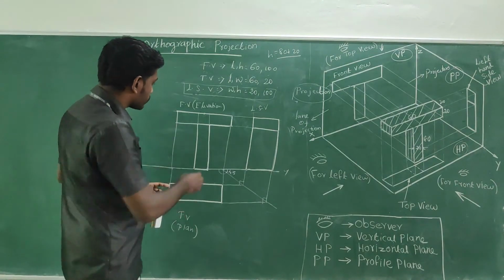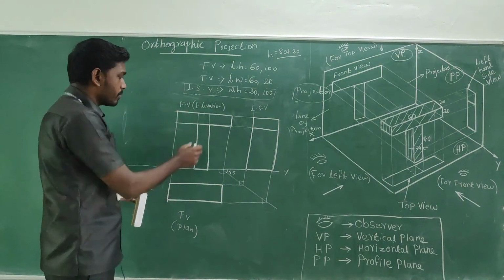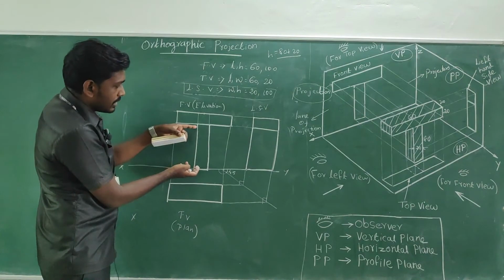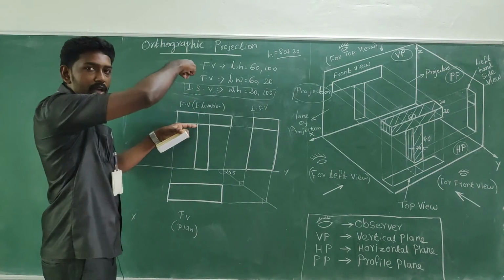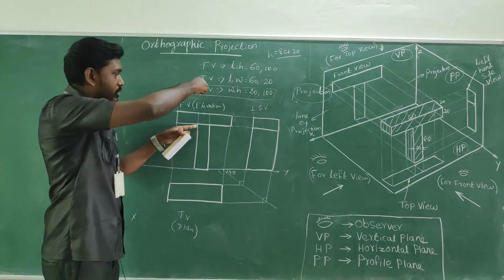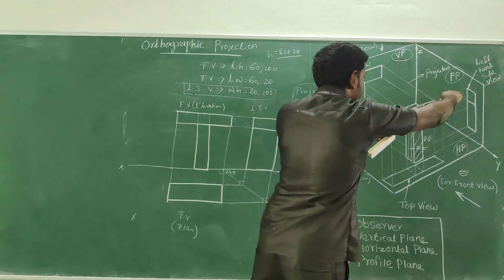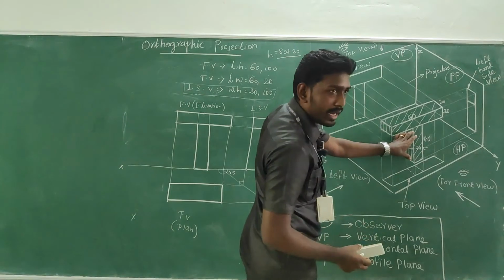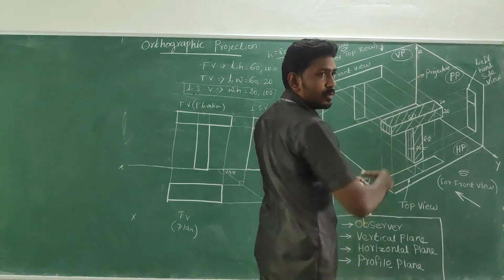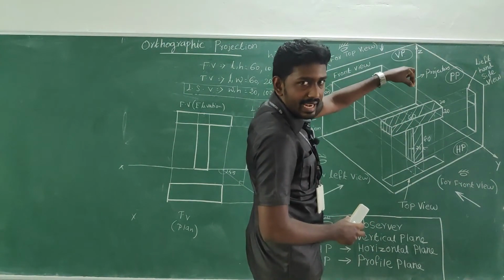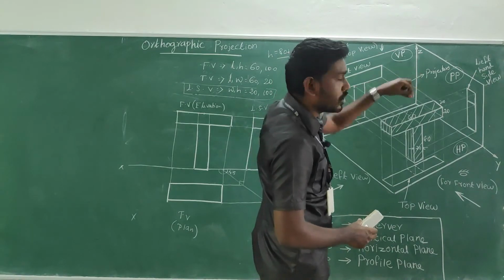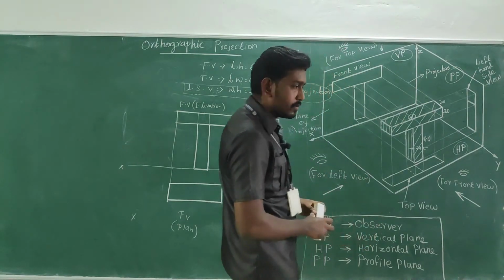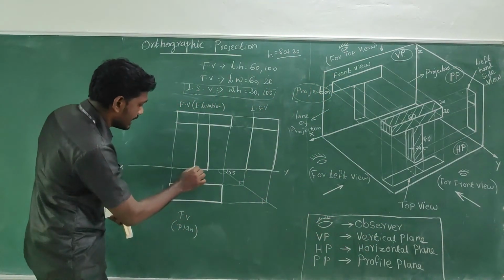After completing the visible edges, we have to draw the invisible edges. When we are looking from the top, the bottommost stem region will not be visible from the top, am I right? We can see the rectangular box, but below that region there is a segment. That segment may not be visible from the top, but it is present, so it must be captured as an invisible line, that means a dashed line.